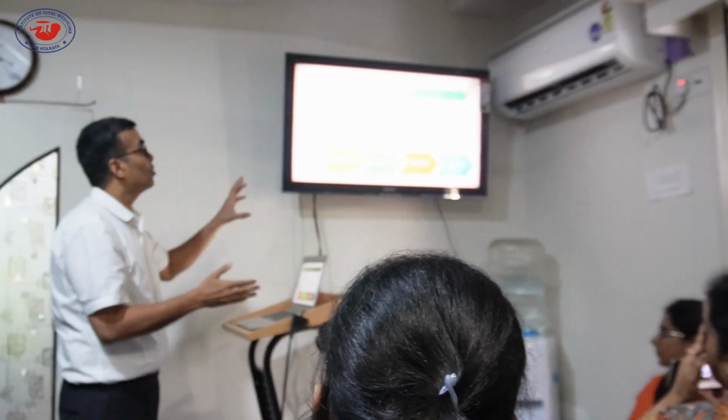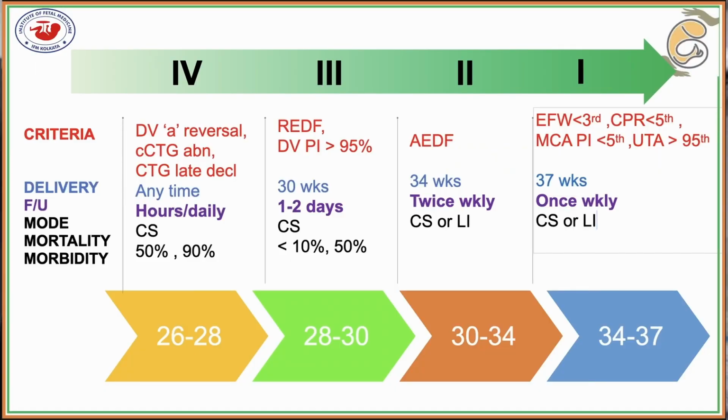Like suppose I am calling her once weekly or twice weekly. So in between what happens? In between you have to follow them up with CTG monitoring. Daily CTG or alternate day CTG. So you have to blend your scan with the CTG monitoring so that you have a safety net in between.